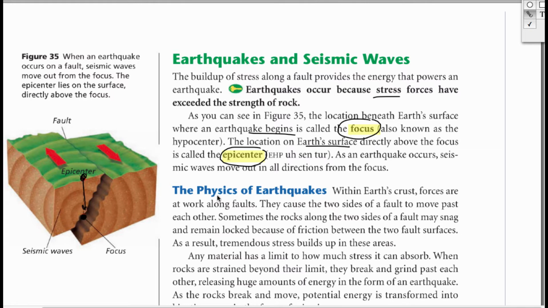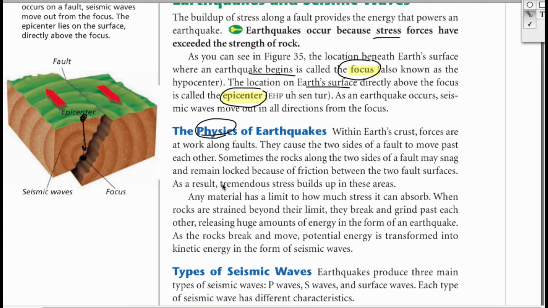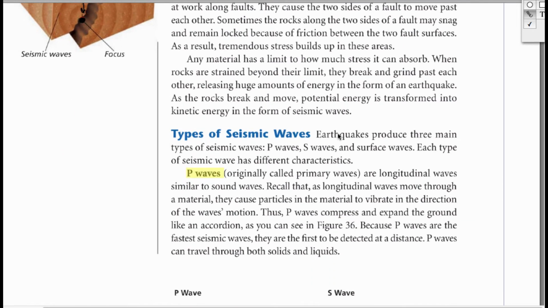Now, here's something really cool. We're going to talk about some physics because this relates to physics, and we're going to be doing physics later on. But the physics of the earthquake is that you have all of this rubbing and stress and release, and it is going to cause tremendous energy in the form of waves emanating through the Earth's crust.